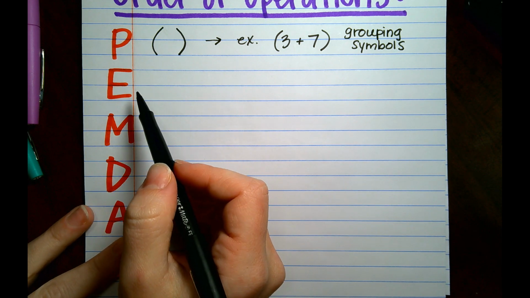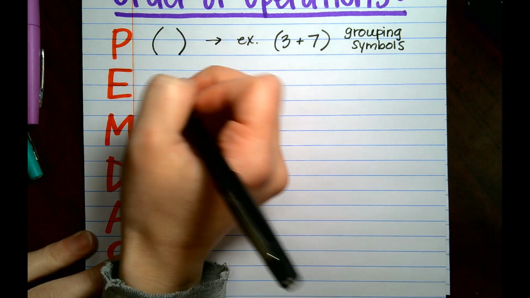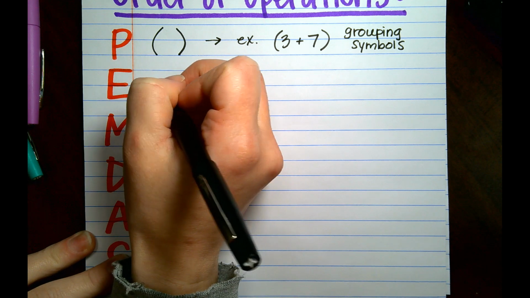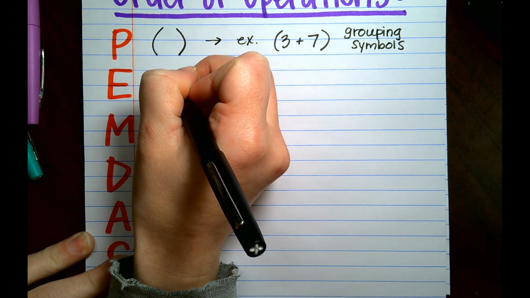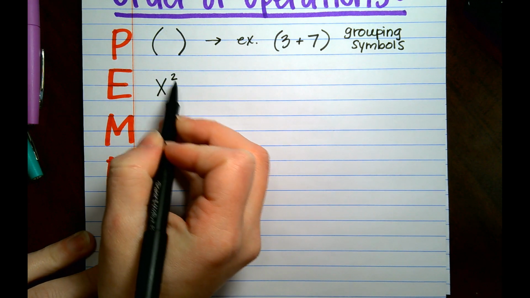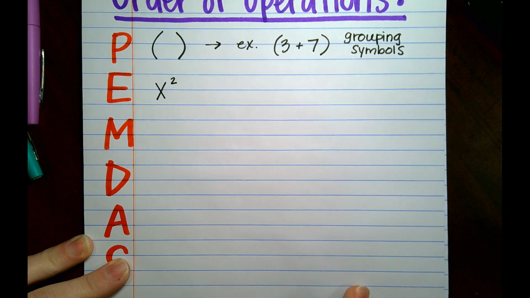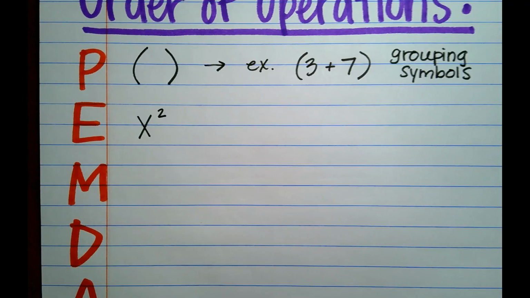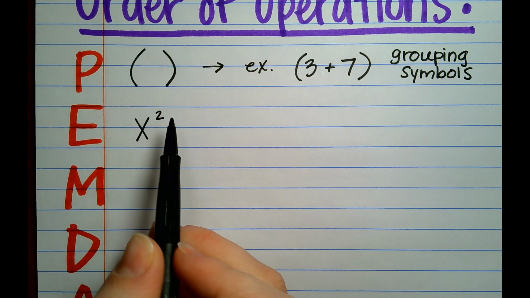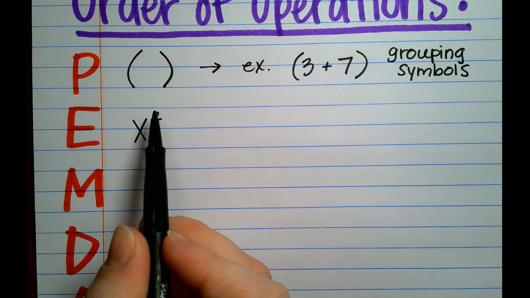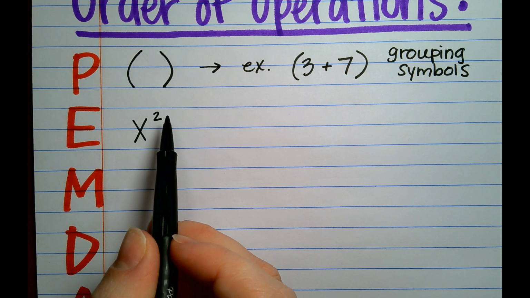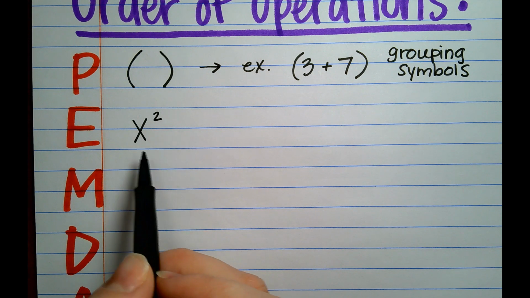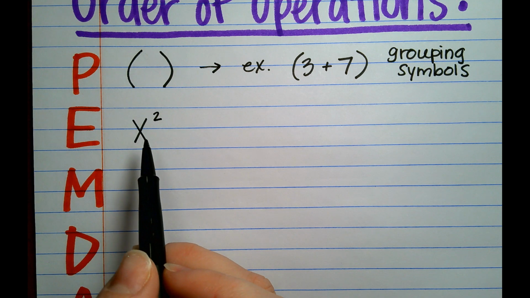Okay. So next we'll look at exponents. Exponents are the little numbers, the squareds that you'll see. And when you see that exponent, it's telling you how many times am I multiplying this number x by itself.